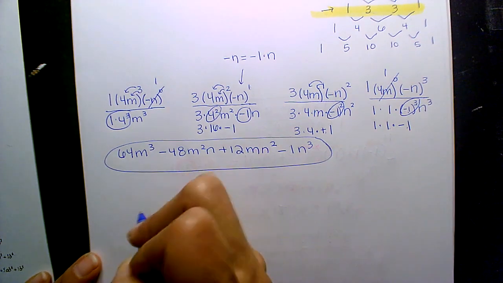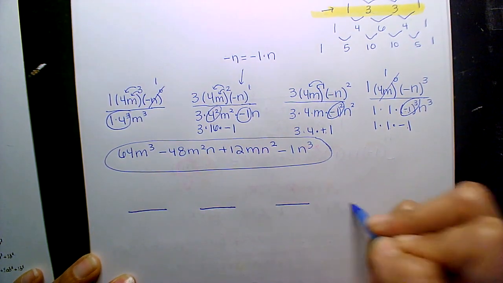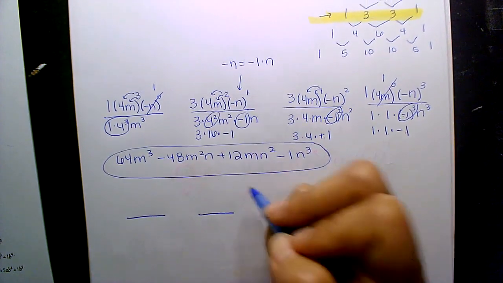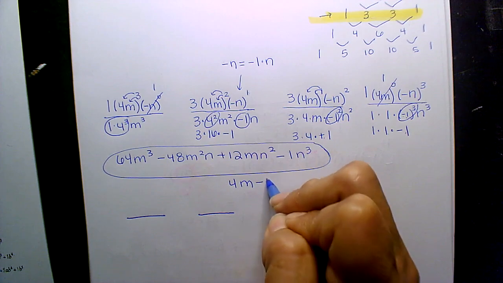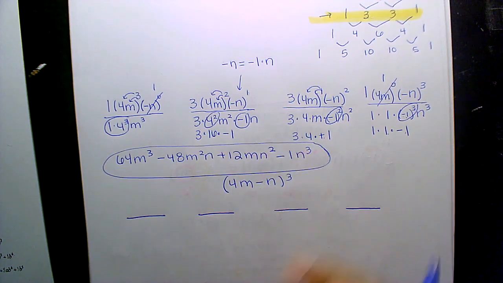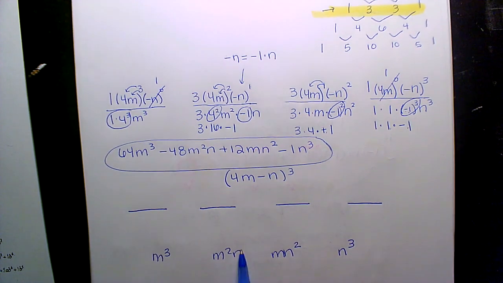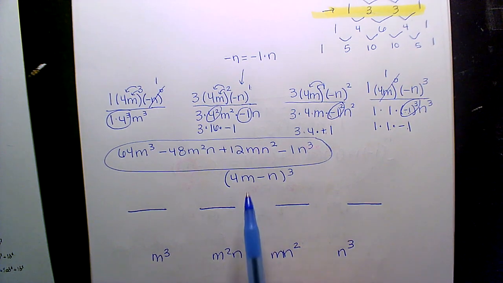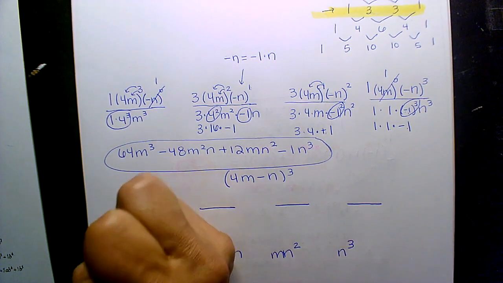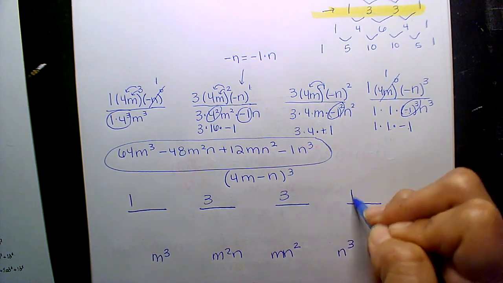Okay, so if you do it just quickly again, if you know you have 4m minus n cubed, if you understand it's 3 squared n and 1 n squared m and then n cubed, then you understand that you're only looking for the front numbers. That's it, right? 1 decreases, 1 increases. You're looking at this, so you know it's 1, 3, 3, 1.